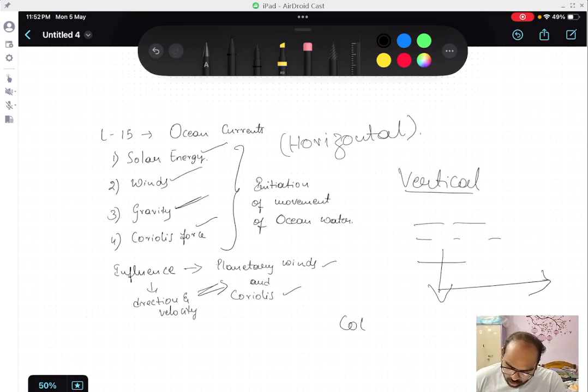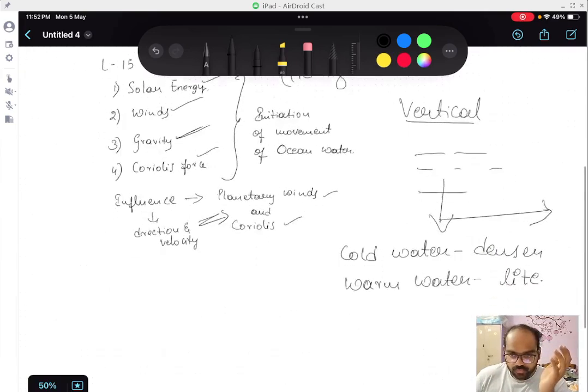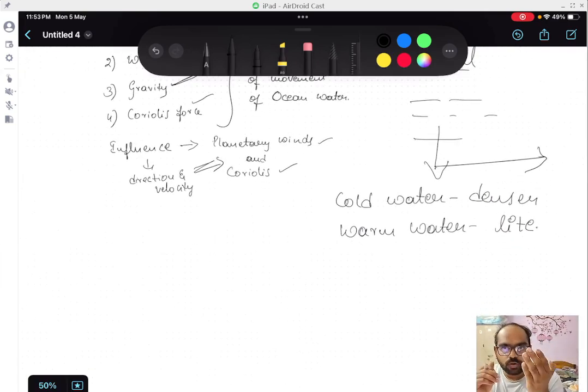We know that cold water is denser and warm water is light. So what happens? The denser water at the polar region sinks down.